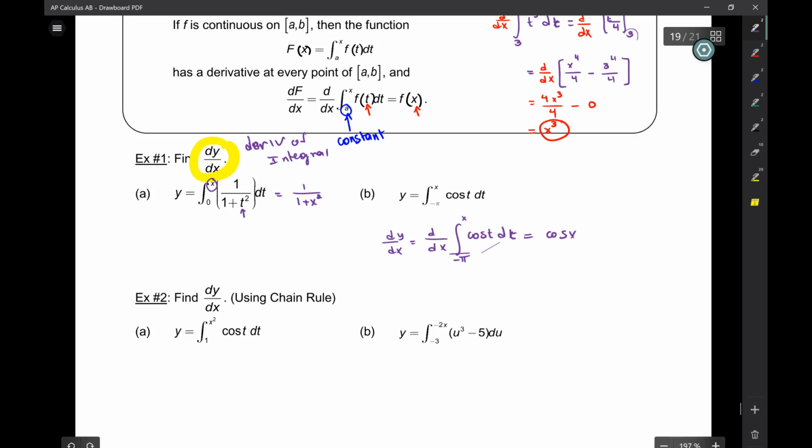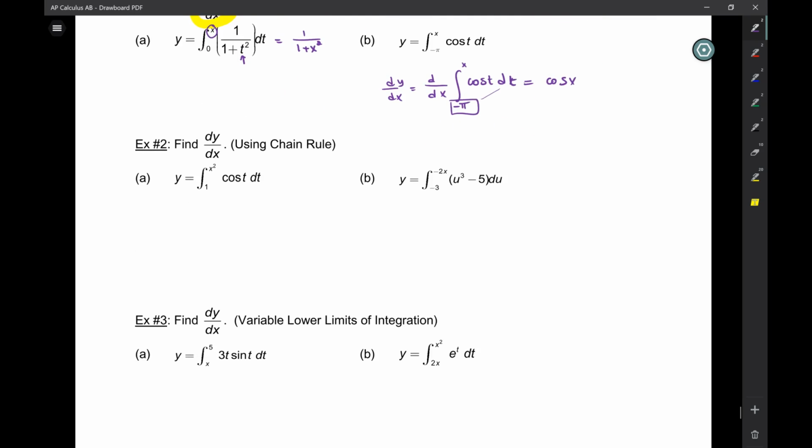Why can we do that? Because it goes from a number to x. Now, they're not all going to go from a number to x. They're going to go from a number to some function of x. In this case, use the chain rule.